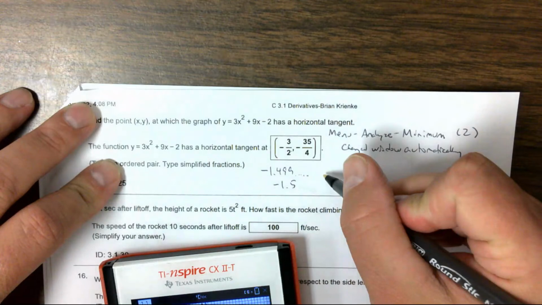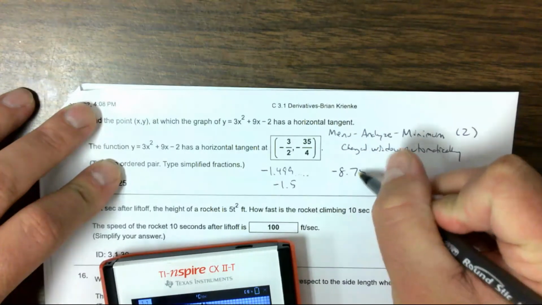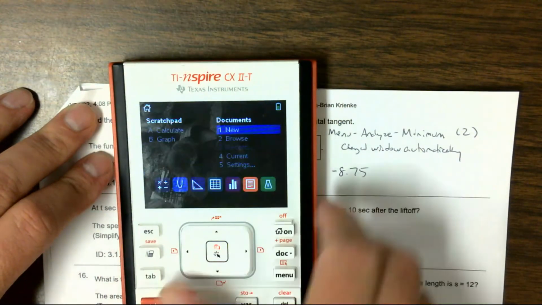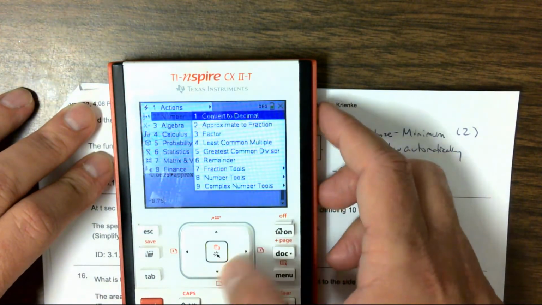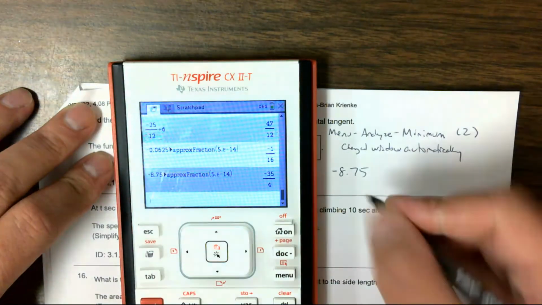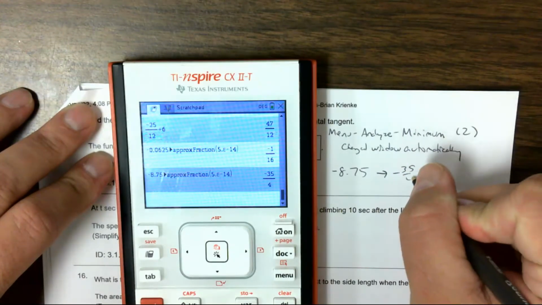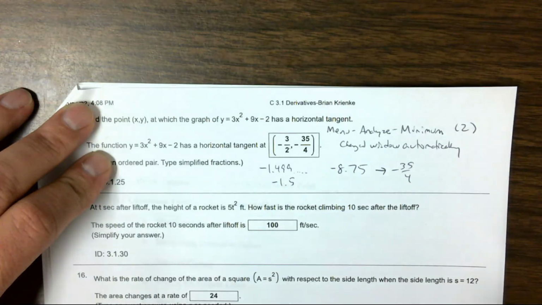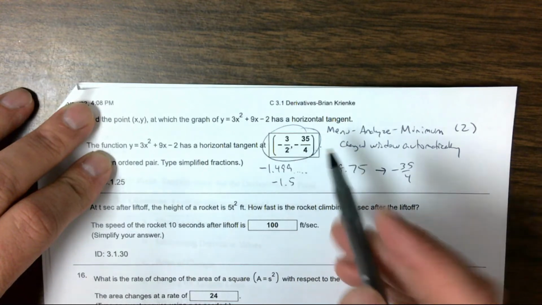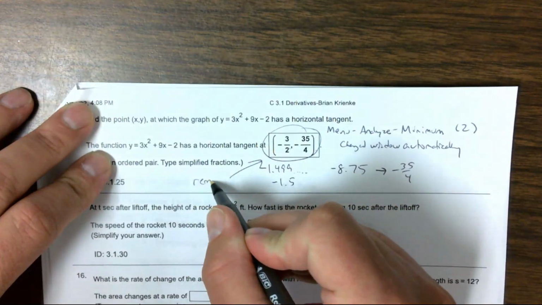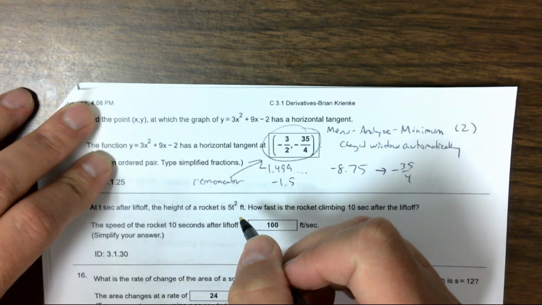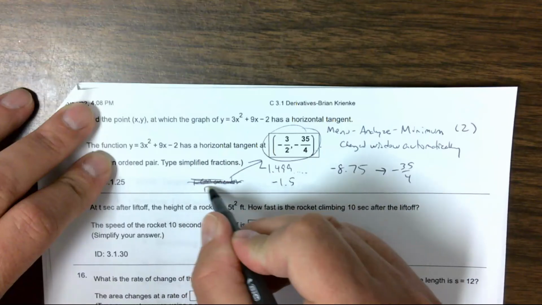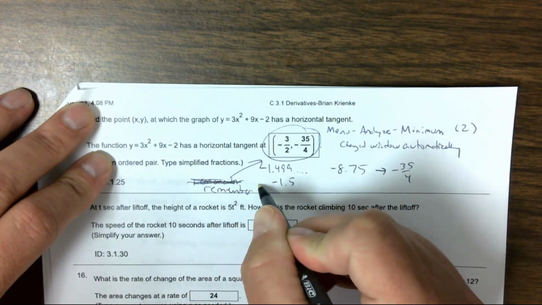And this other part is negative 8.75. So we can type negative 8.75 menu number fraction, and that's where we get negative 35/4. And so then you just put those together as a fraction, as an ordered pair, and remember your parentheses. Remember the parentheses.